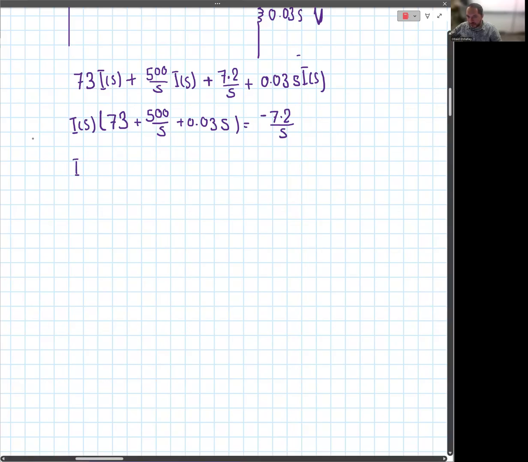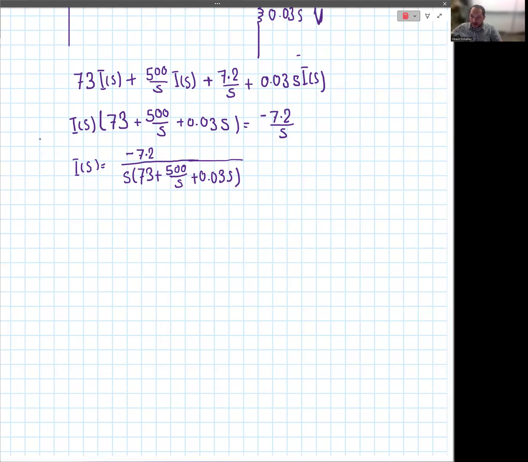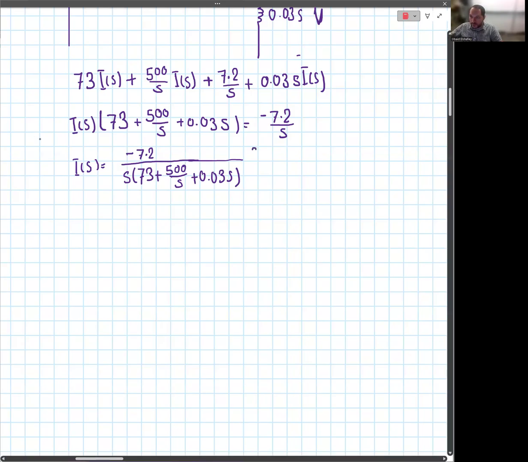So I(S) equals negative 7.2 over S times 73 plus 500 over S plus 0.03 S. Let's convert the denominator and numerator into our usual polynomial shapes.